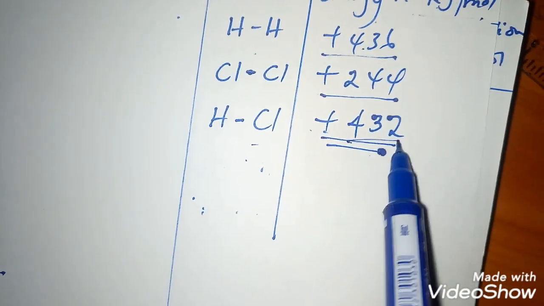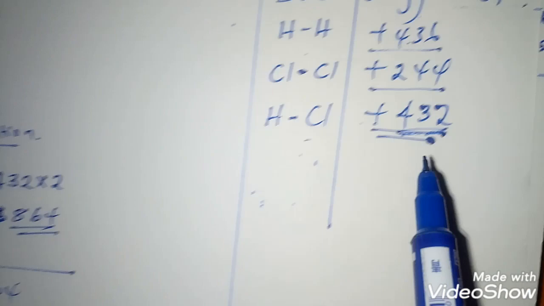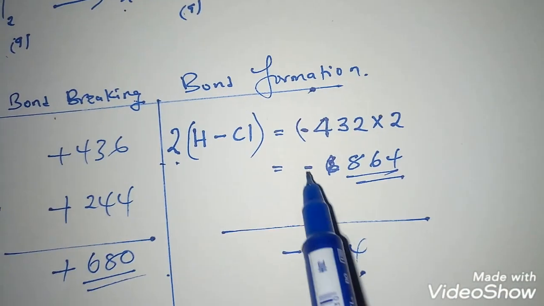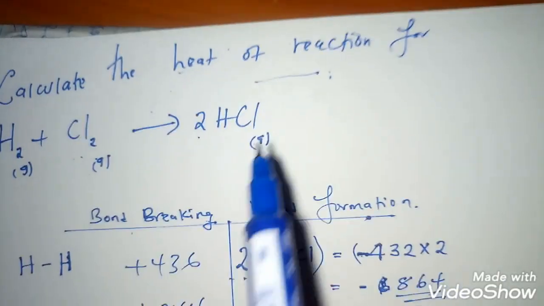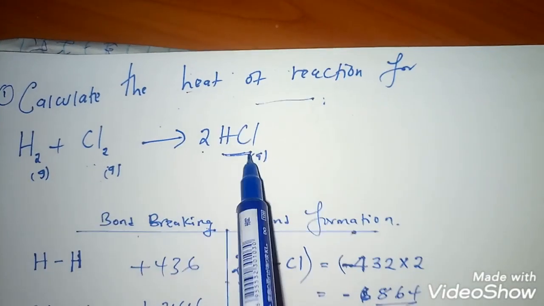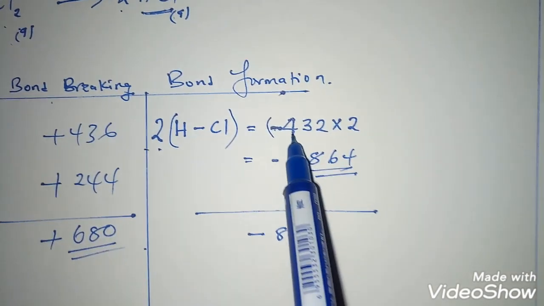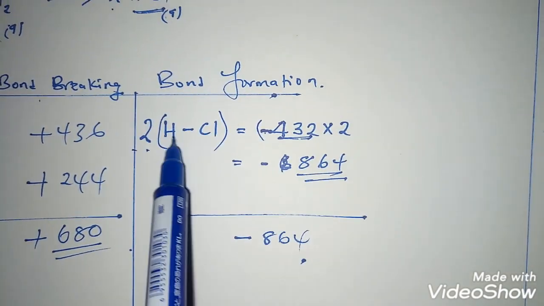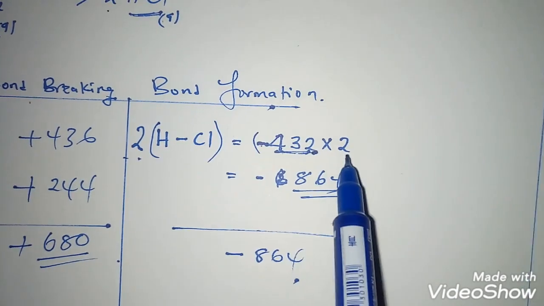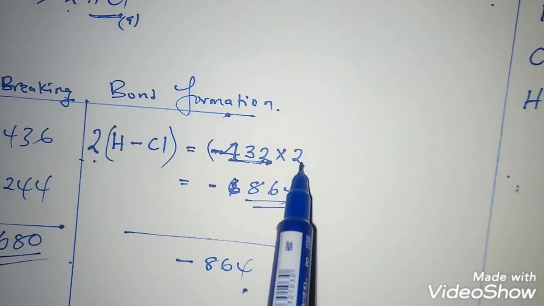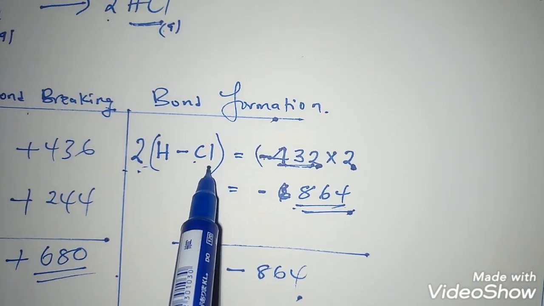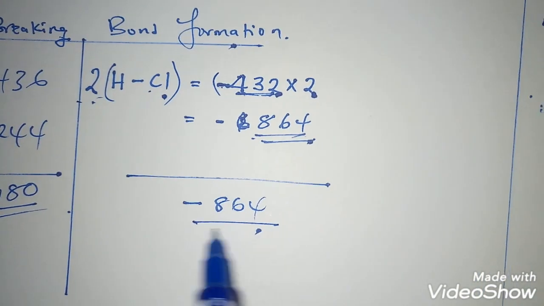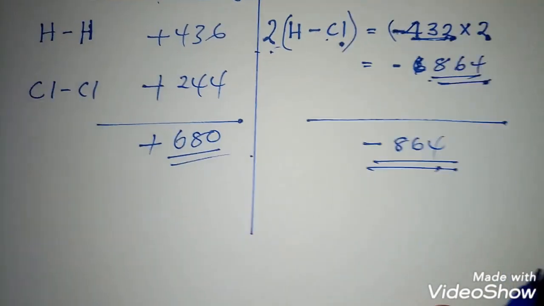So what you do, you take the 432 that you're given, and if it is the bond that is being formed, you give it a negative sign. Again, remember, if 2 molecules are being formed, you must multiply, because this is only for one hydrogen chloride bond for one molecule, but we are forming 2, so you multiply this by 2 to get the total energy released when 2 molecules are formed. So you get negative 864.